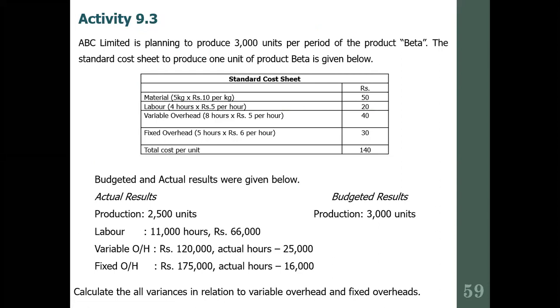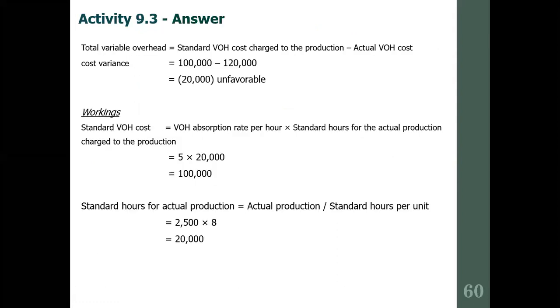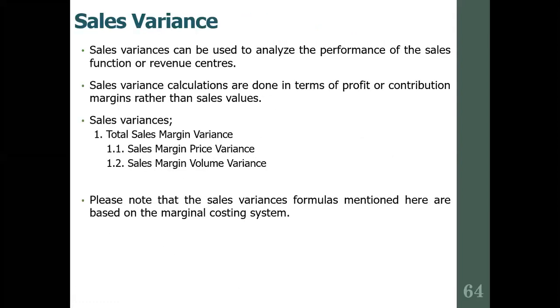You can even manage that. You simply need to apply what we have learned. Now we may move on to the sales variances. I think the time would be left there. We can work that out later, right? Children, after finishing the rest of the lecture, we'll come back and work out that question.